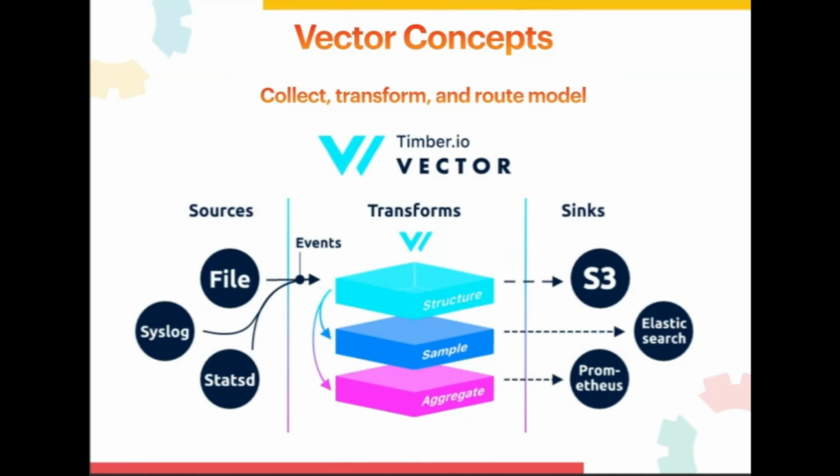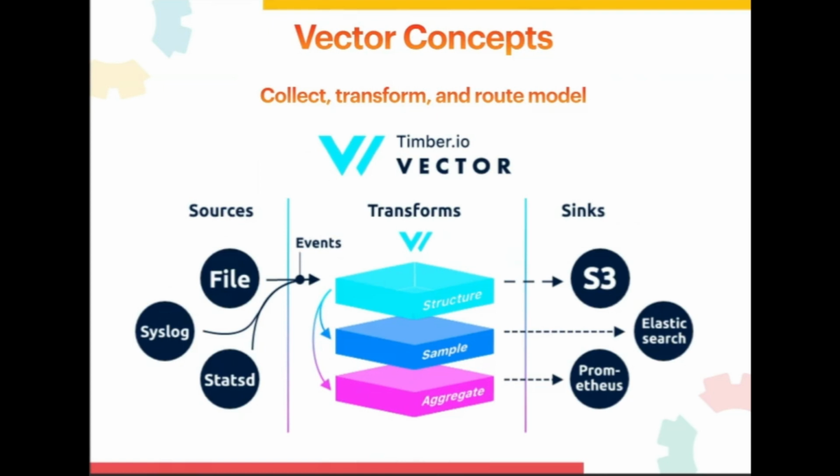The collect, transform, and route model, as we can see according to the picture: the initial data is specified as sources. It supports maybe 40-something different sources, but we can see files, syslog, stats there, also Kubernetes logs, and so on.